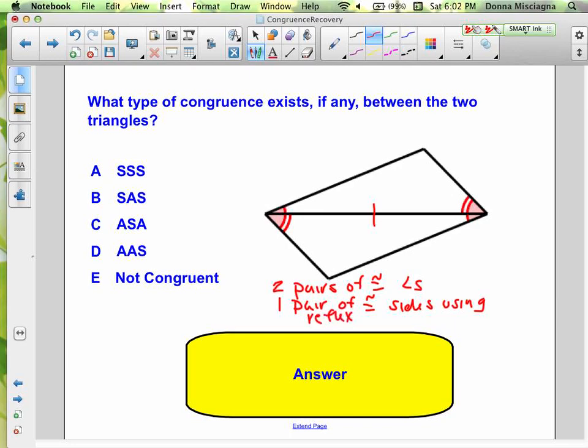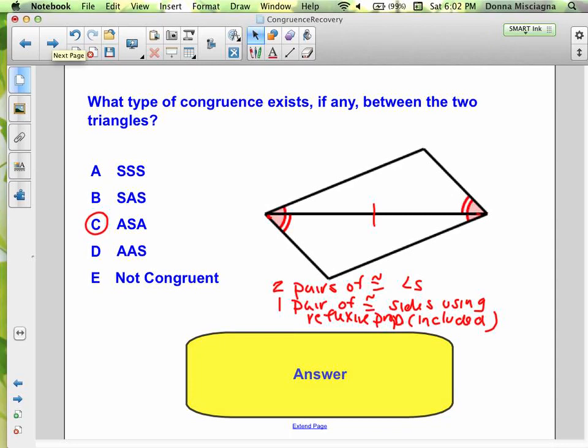The only thing we have to decide is if it's between the angles or not. If you follow the side out, look what you see: angle, angle. So this is the included side. And since it's the included side, it's going to be angle, side, angle.